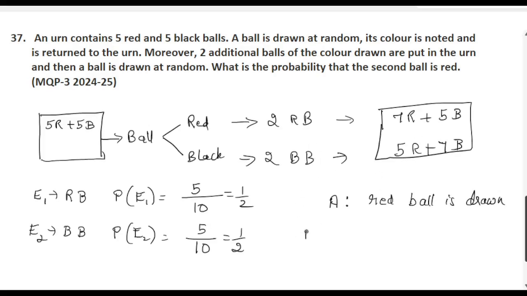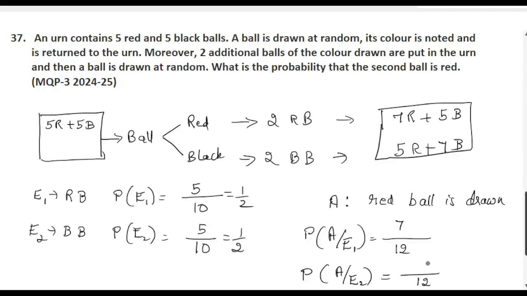Now the probability that a red ball is drawn from the bag when 2 additional red balls are added, that is total number of balls equal to 12 and number of red balls is 7. Similarly, the probability that a red ball is drawn when 2 black balls are added to the bag, that is total number of balls are 12 and number of red balls are 5.